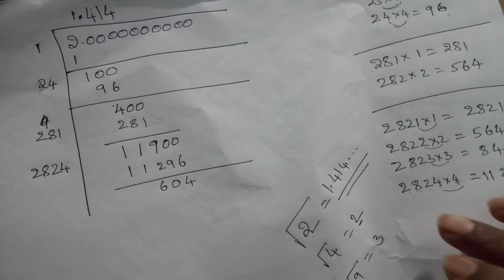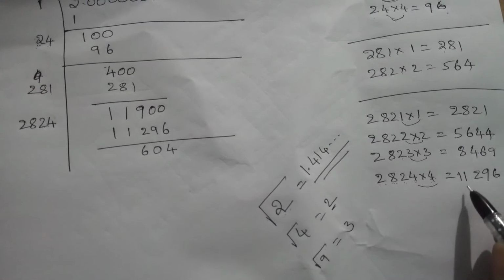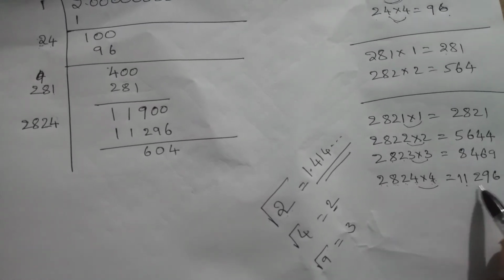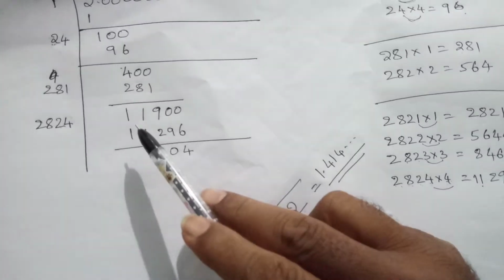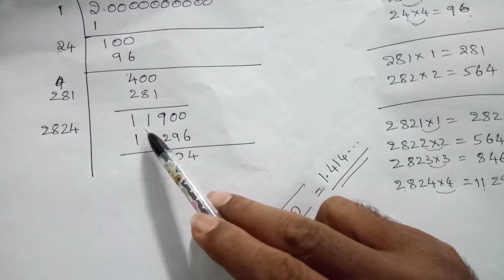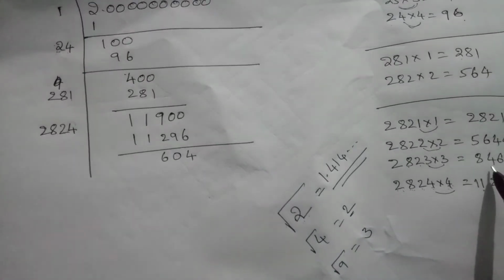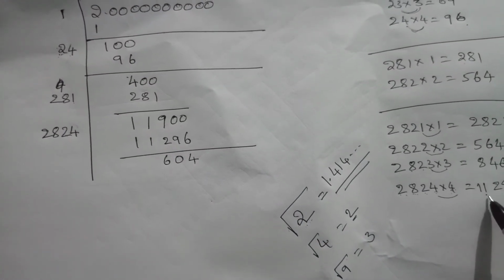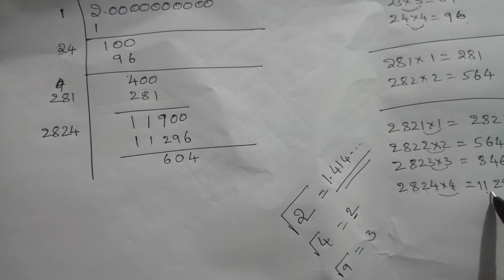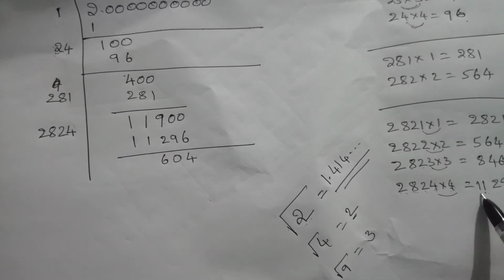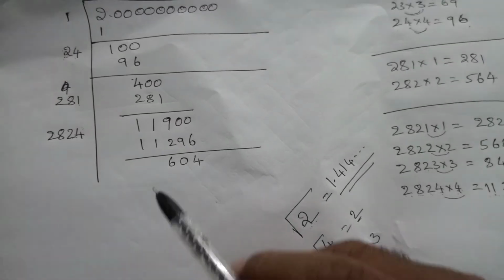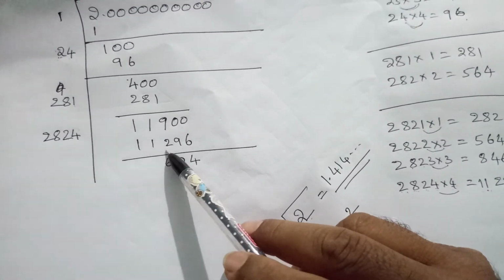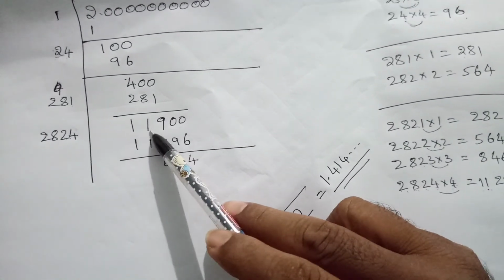So if you check 2824 into 4, that is 11,296. If you observe, this is 11,900. Therefore this number is suitable. 11,296 is less than 11,900.